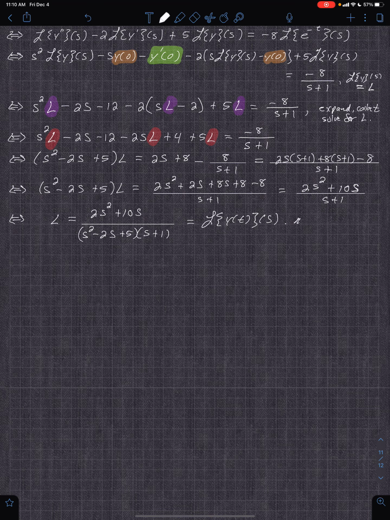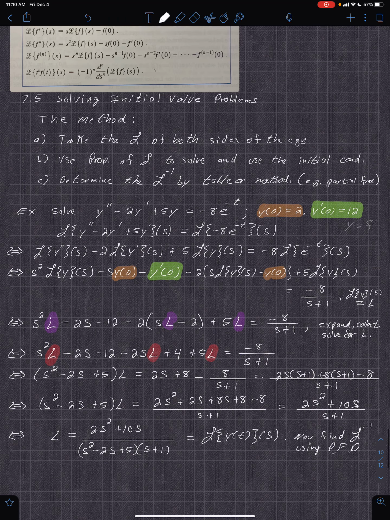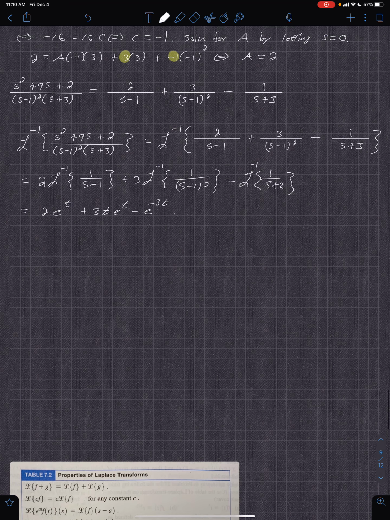So now find the inverse Laplace transform, okay, using partial fraction decomposition. So that's probably one very similar to one we would have seen, and I'm not going to work that one out. So let's just go back up for a second here and see if there's one similar.